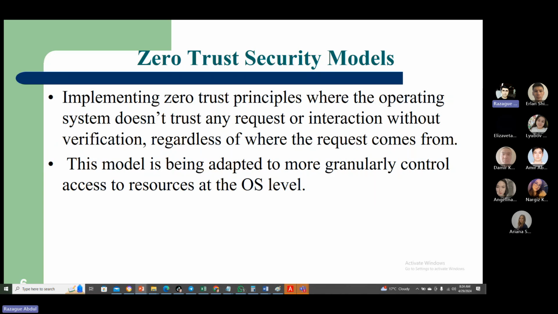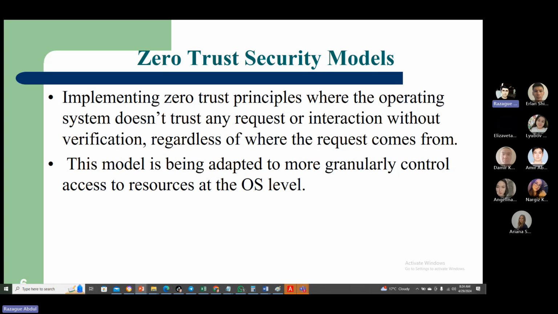And we can also identify sensitive data, and also system components that require enhanced protections. We can deploy advanced authentication methods and enforce encryption standards, regularly update and patch operating systems. And also we can protect against vulnerabilities, and we can also educate users on security best practices and the importance of compliance with the new security model.